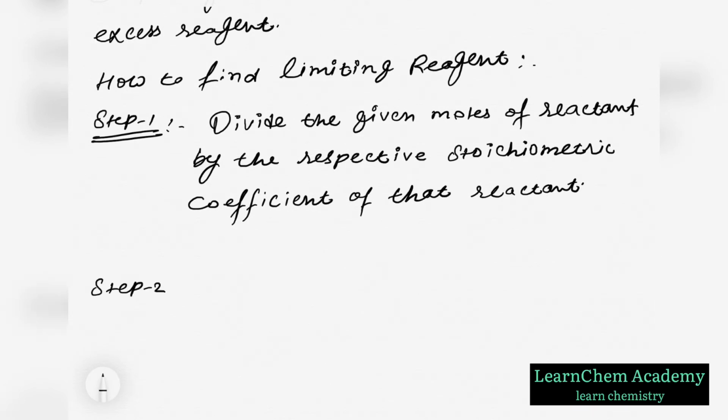And step 2 is see for which reactant this division comes out to be minimum.